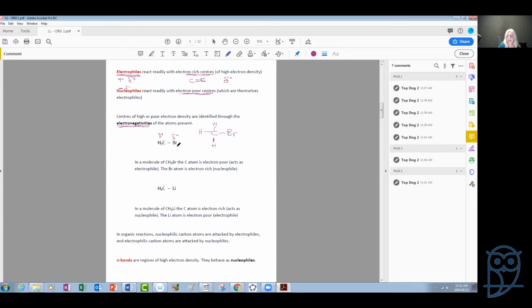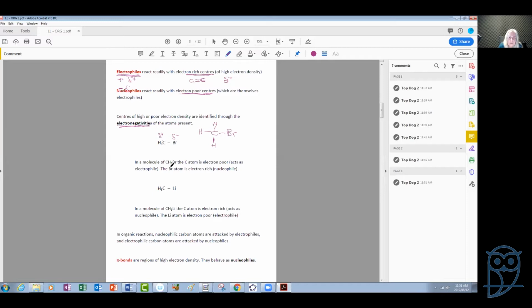So the electronegativity can tell us which one is the electron-rich center, which will be the bromine atom, and the electron-poor one, which has a partial positive charge, the carbon here. And so obviously this will be the electrophile, and this will be the nucleophile part of the molecule.